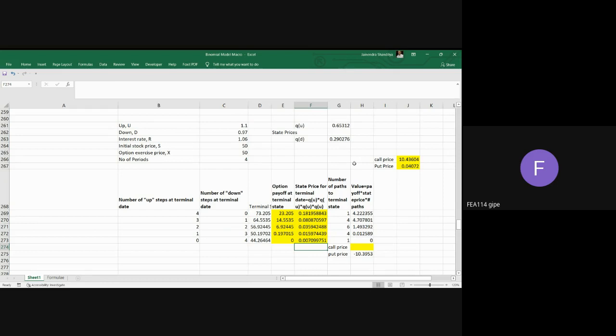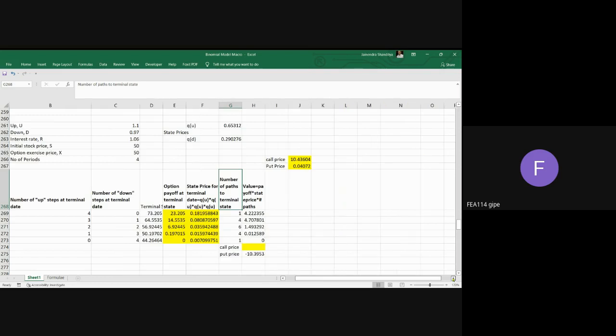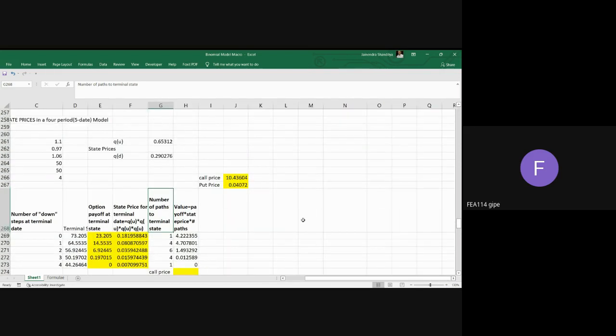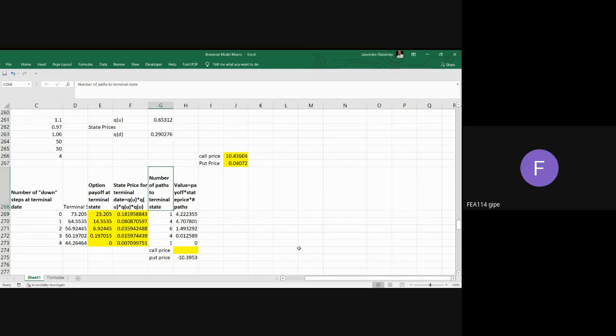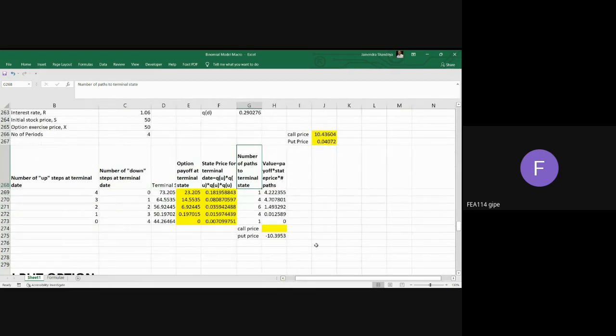Now the next thing that is important is the number of paths to the terminal state. This is very, very important, and probably the most difficult part for you to memorize. So let me make it a little bigger also. This is a challenge to do. Why?